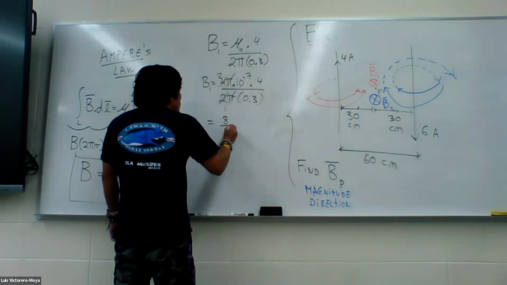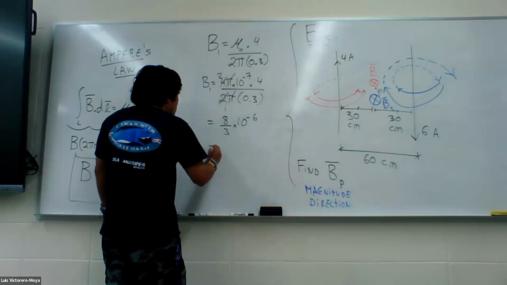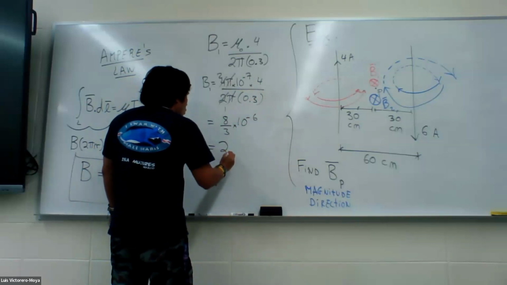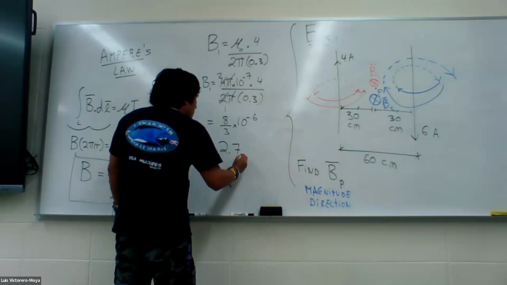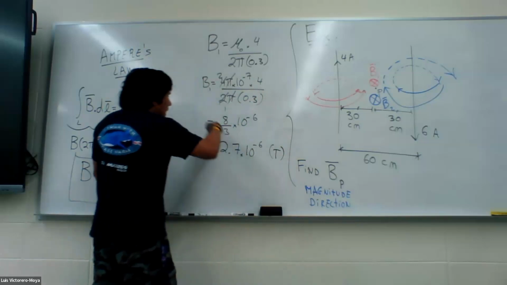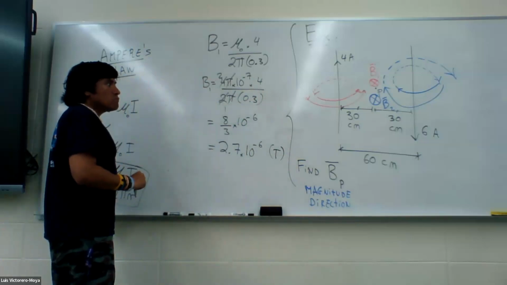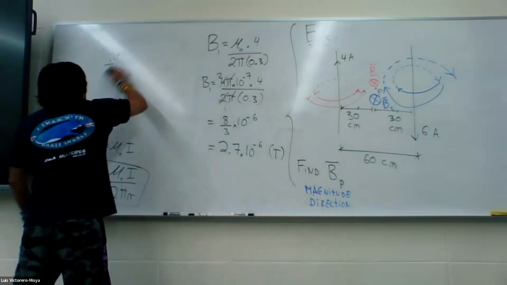So 8 over 3 times 10 to the negative 6. That's approximately 2.7 times 10 to the negative 6 teslas. That's B1. And now B2.